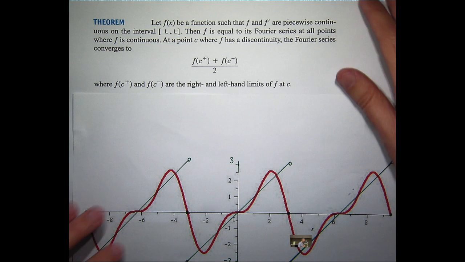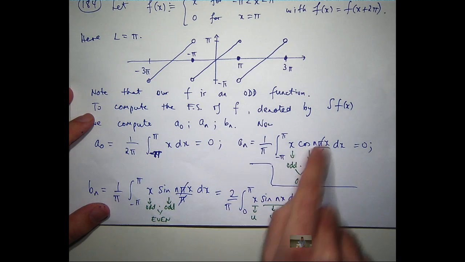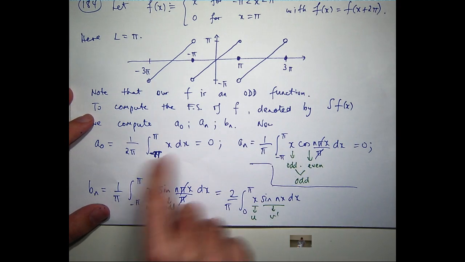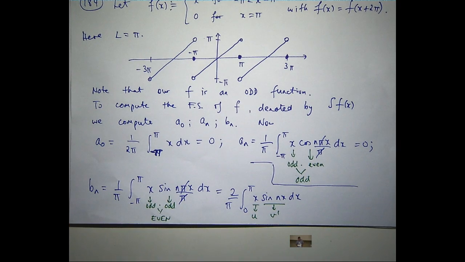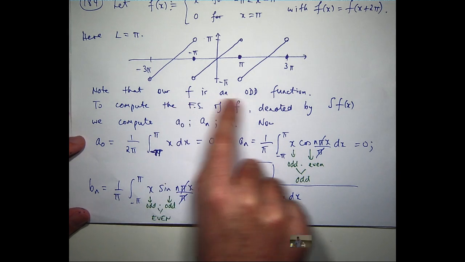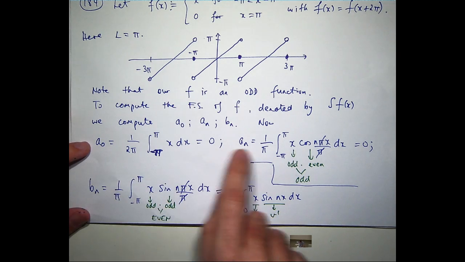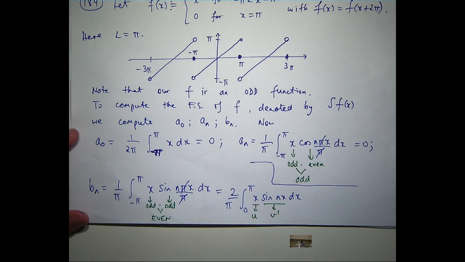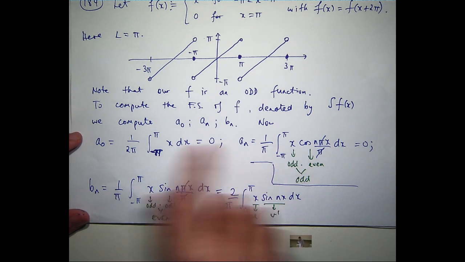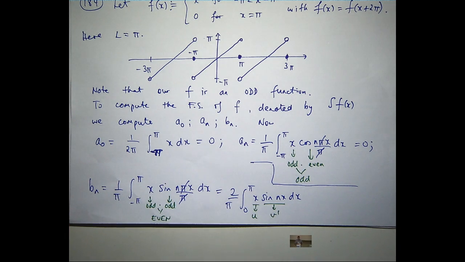Okay. Now, if I was in the exam and I was doing a question like this, I probably wouldn't even write out these things. If you can just write down, little f is odd, therefore a sub naught is 0 and all the a sub n's are 0, that's fine by me. You don't have to go into this explanation, but I've just done it so we're clear. Okay.